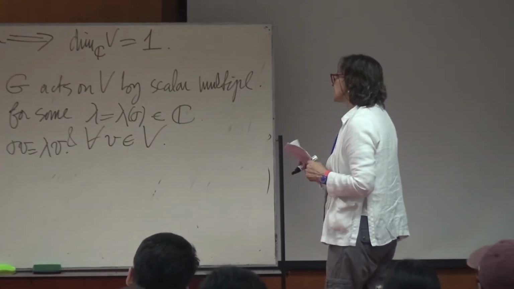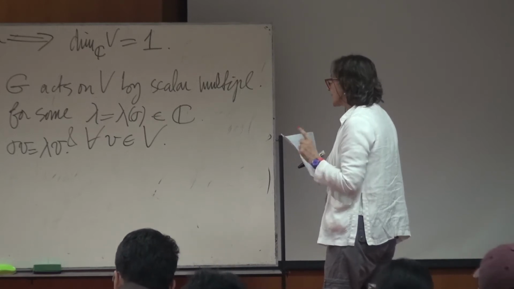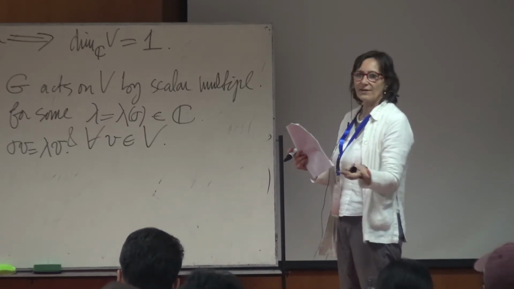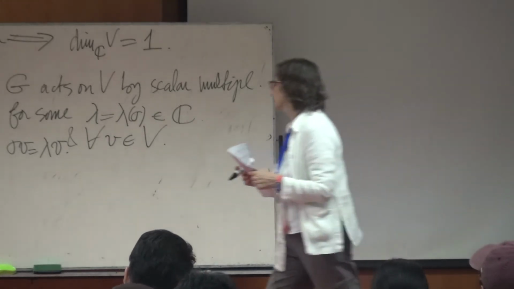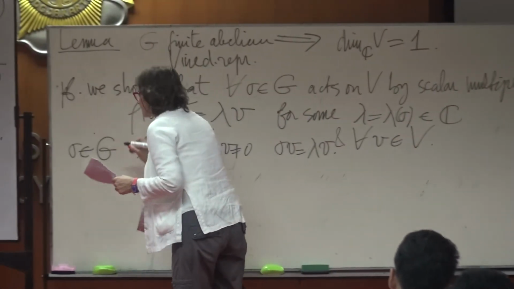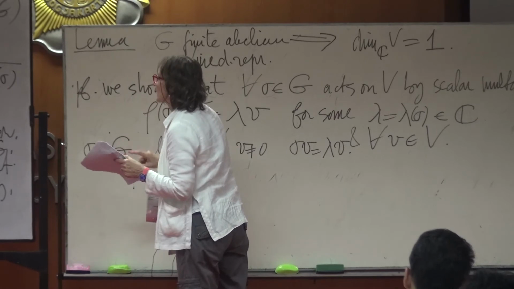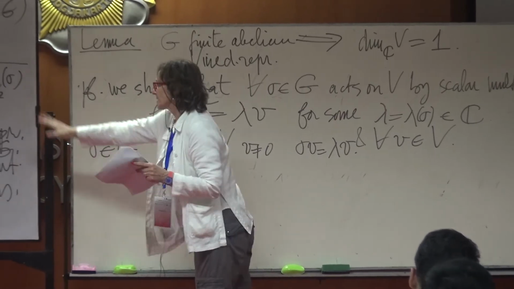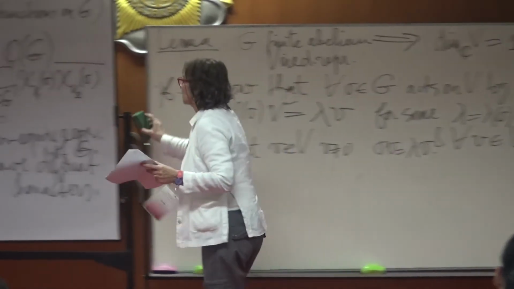Okay, now let's look at what sigma does on GV for every G in G. Maybe I erase the consequences here, otherwise I don't know where to write.